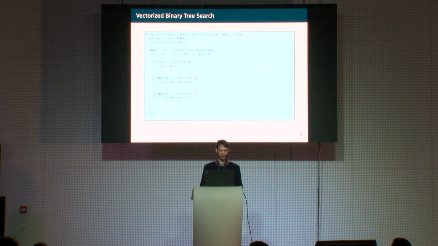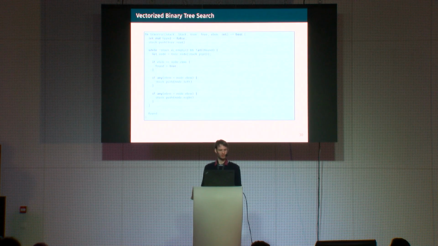In the binary tree search, you just have a function which takes a stack, a tree, and an element to search. What you do is you push the root node of the tree on the stack, and then you have a loop. The loop tests while the stack is not empty, and while not all lanes have found the element in question. Then you pop a node, and you check if the node is your element.